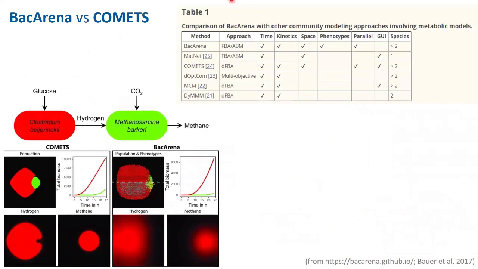There's a paper that compared these two softwares, so you can see how they perform given one type of syntrophic interaction that you see here. These are the simulation results, and this compares the advantages or disadvantages of one or the other.